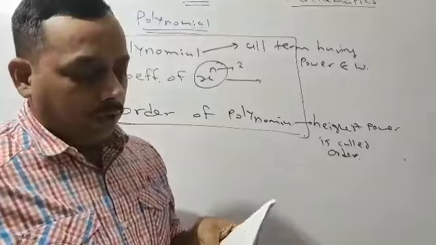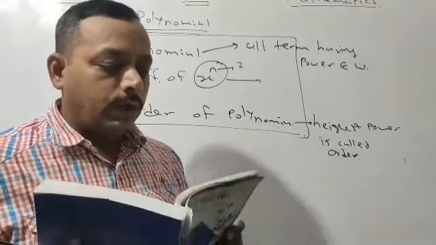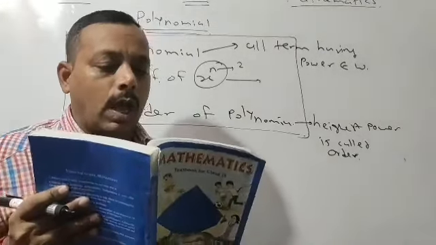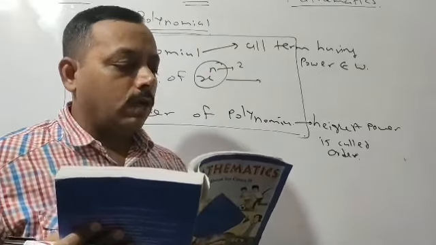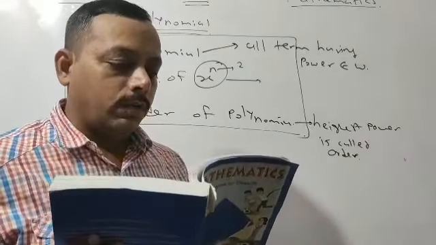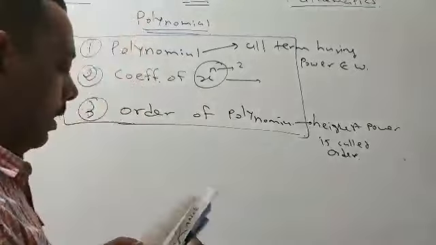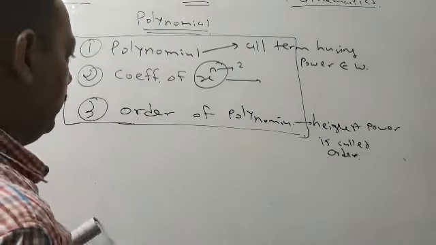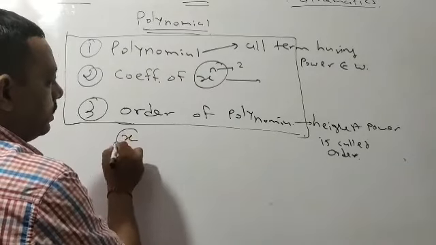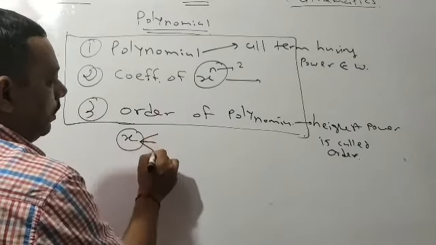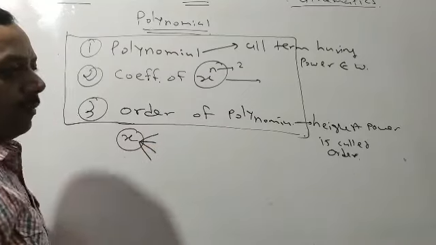Now in 2.1, the first question is, which of the following expressions are polynomials in one variable and which are not? State reason for your answer. Basically we are familiar with the variable x, but instead of x they may use any alphabet.